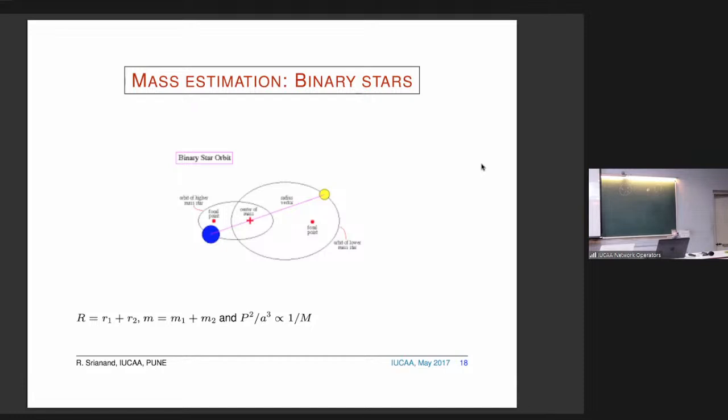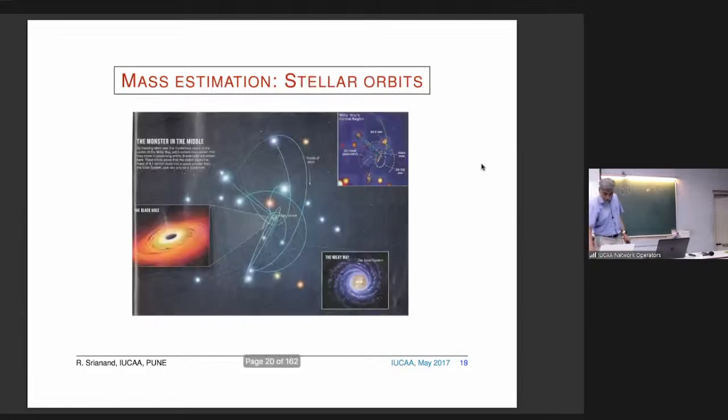If you define M as M1 plus M2, then based on Kepler's law you can say P squared by A cubed is 1 over M, where M is M1 plus M2. So you can treat things as going around the center of mass, and then you can calculate. The orbital period and radius you get are related to the combined masses, right? You can get the combined mass of a binary based on this measurement.